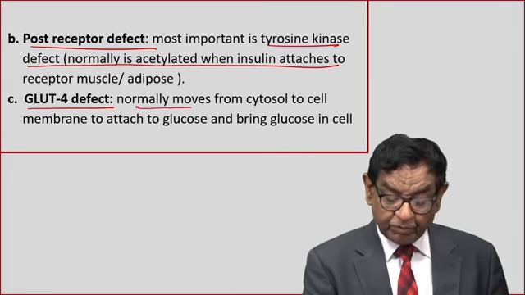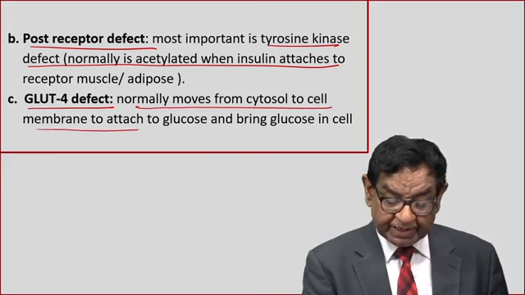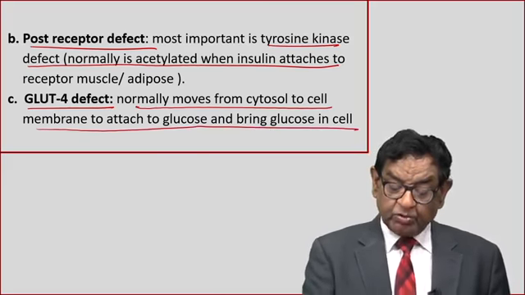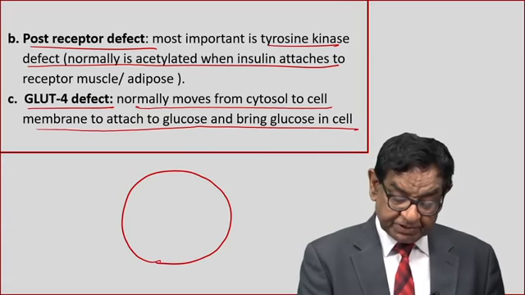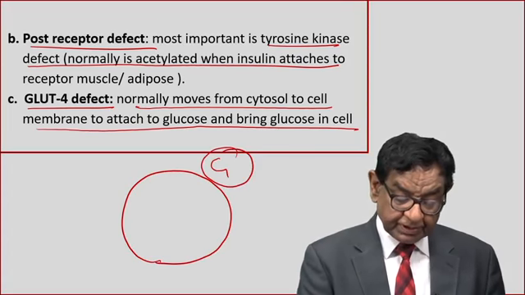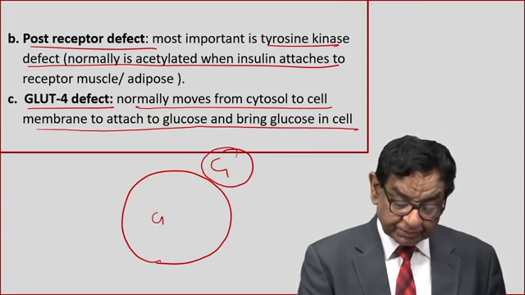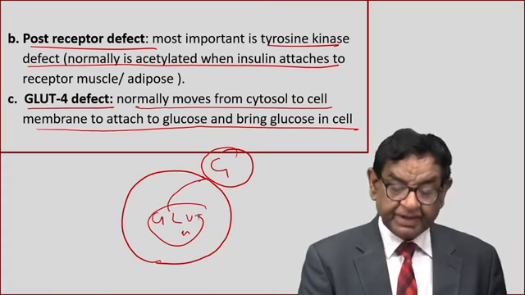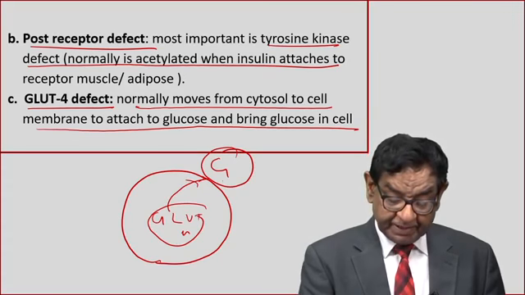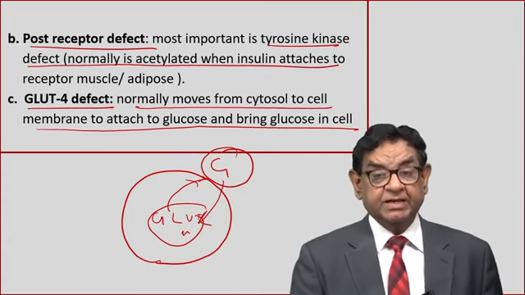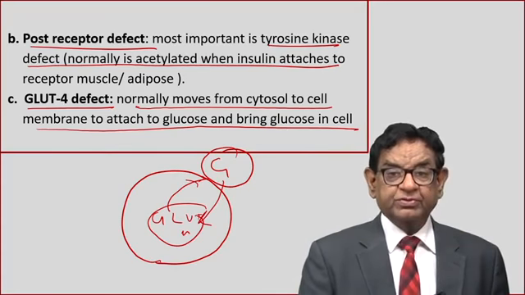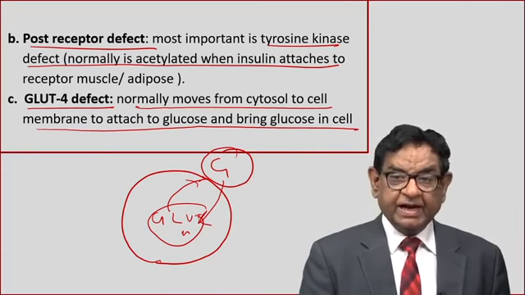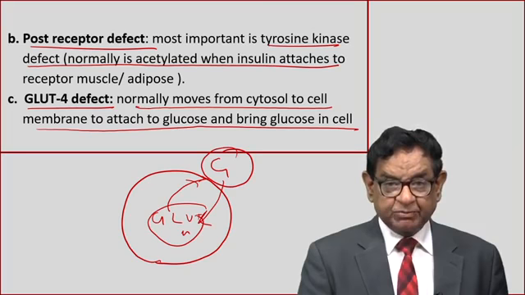Normally GLUT4 moves from the cytosol to the cell membrane to attach to glucose and bring glucose into the cell. This is the cell, this is glucose and this is GLUT4. This goes to the membrane and brings sugar into the cell. But this movement is defective, GLUT4 is defective. So there are three different ways why hyperglycemia occurs in type 2 diabetes.